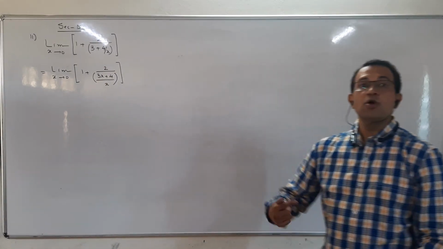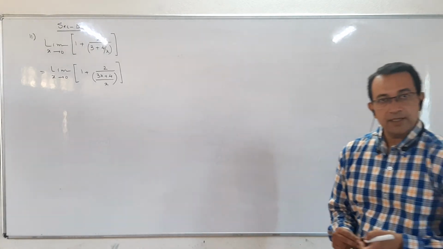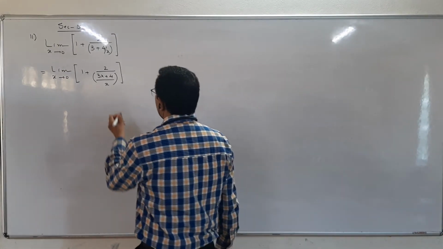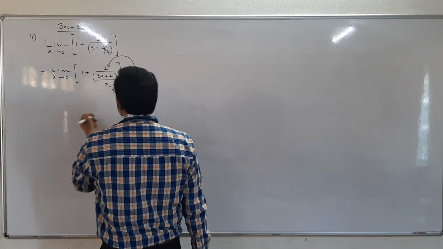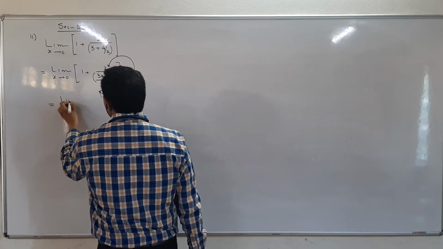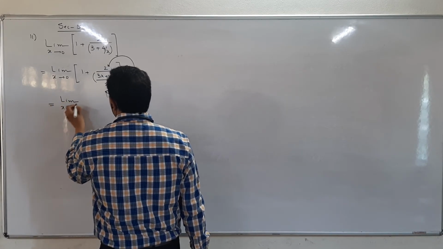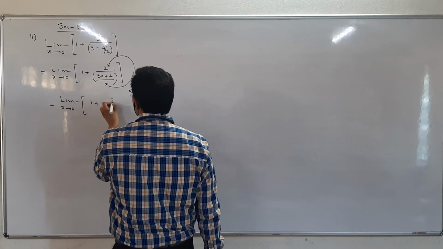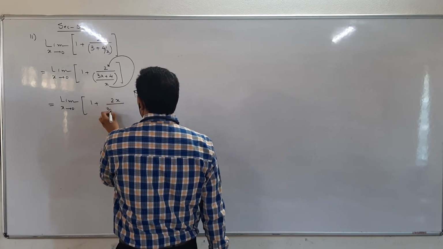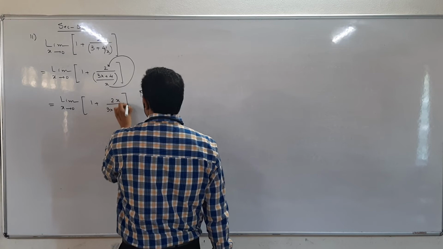And the denominator is always multiplied. So this changes to limit x tends to 0, 1 plus 2x upon 3x plus 4.